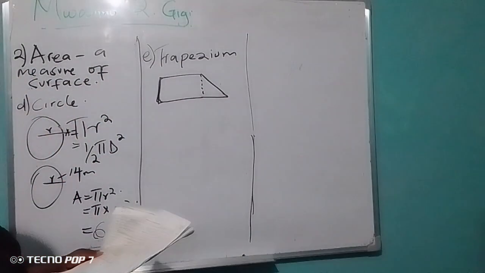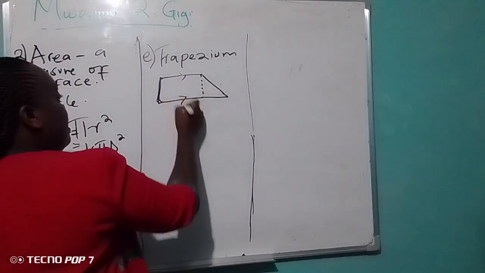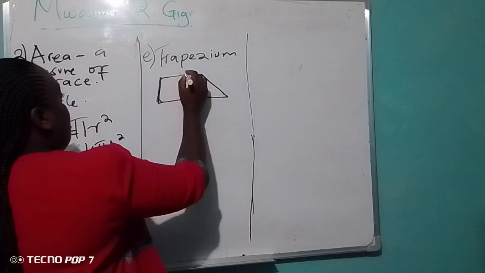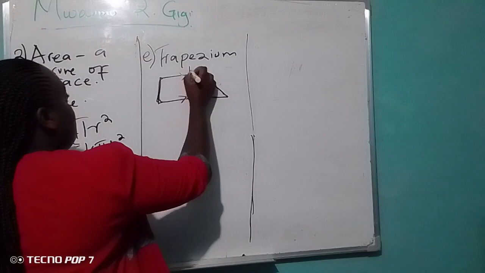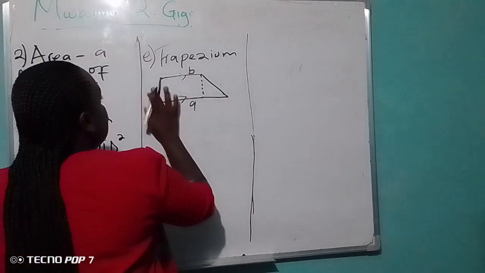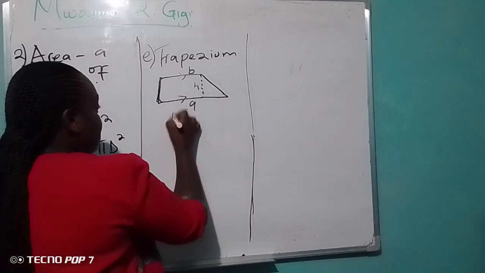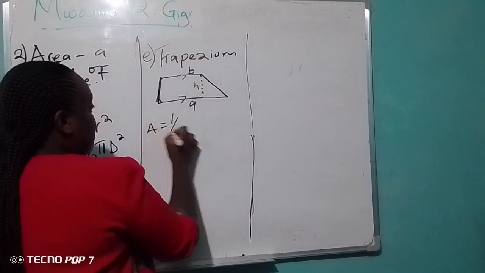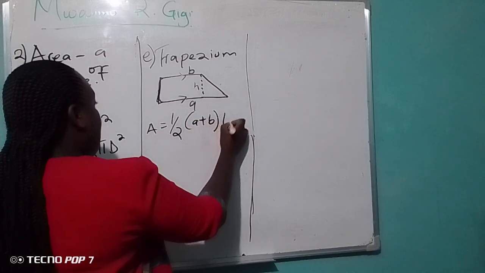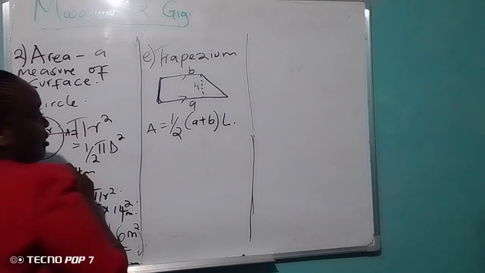So it is a half A in A, in B, in your height. So the area is a half A plus B times height.